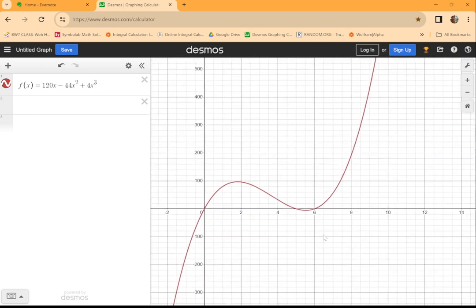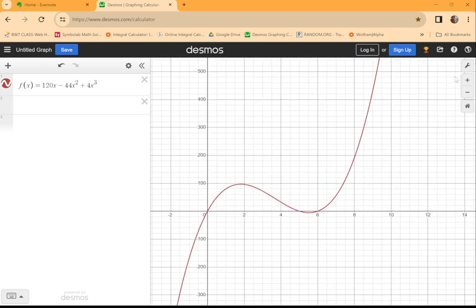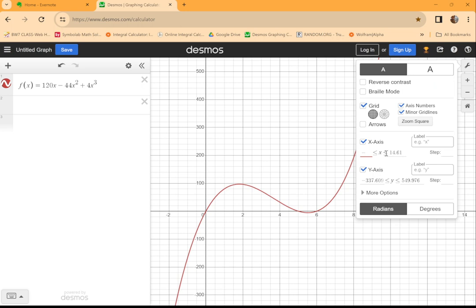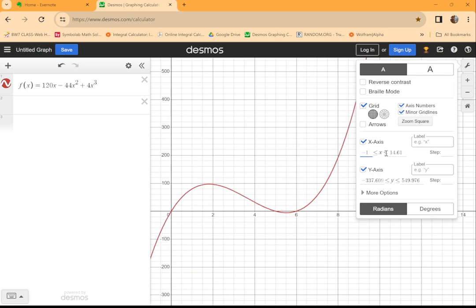Okay, so now let's adjust the window here, just so we get something where I can suss out the details from the graph. All right, so let's restrict. We don't need to go all the way to 14. Let's just stop it at 8.